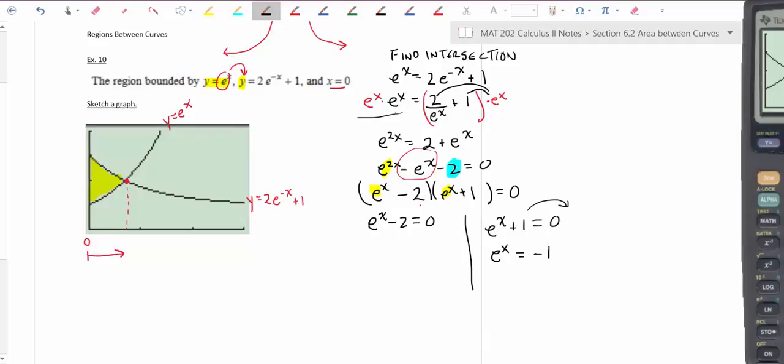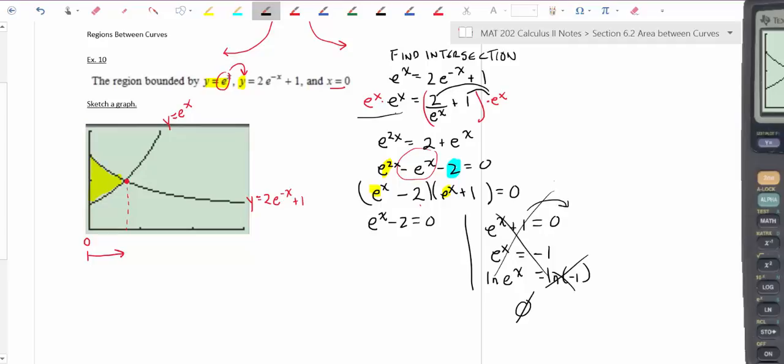Okay, if you take e to any power, you will never get negative 1. Even if that's a negative power, you're going to get a positive number. Another thing that you could do if you didn't see that right away is you're kind of used to taking an ln of both sides. Problem is you can't take an ln of a negative number, so that one has no solution. So we don't need to worry about that.